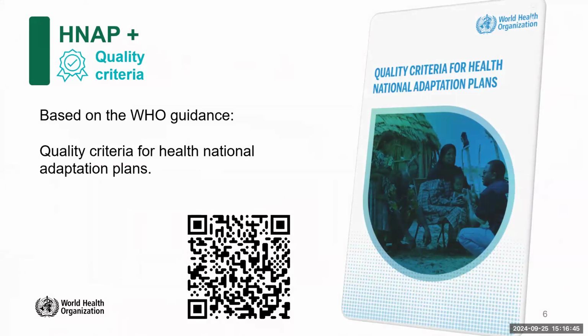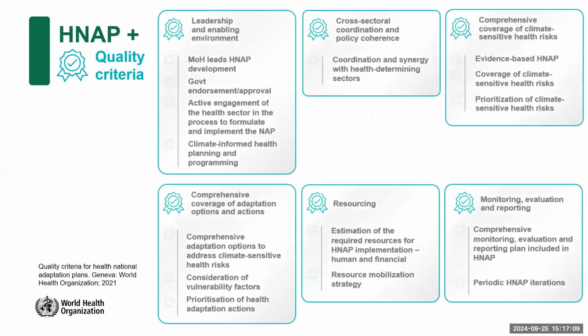Now we're going to look at the quality criteria for the HNAPs, and there is guidance provided by WHO. That's a snapshot of the cover of the document, published in 2021, and the QR code is there so you can easily access it. It was developed based on years of experience by WHO in supporting countries to develop their HNAPs. There are 6 areas of quality criteria. Please note that the criteria are proposed, not prescriptive, and need to be adapted to the context of the country, because the context of countries is always changing, dynamic and uncertain.